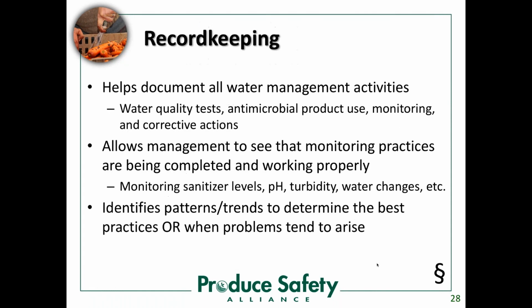So if you've got a problem in your record keeping, it needs to be fixed, because if you're called upon in the event of a foodborne illness that can be traced to your production operation, that's the only way you have of showing that you followed good agricultural practices. So record keeping and monitoring are a must, and if you've got an error there, it must be fixed.